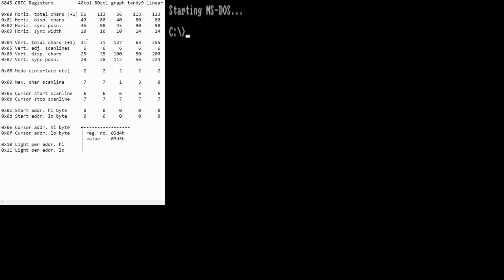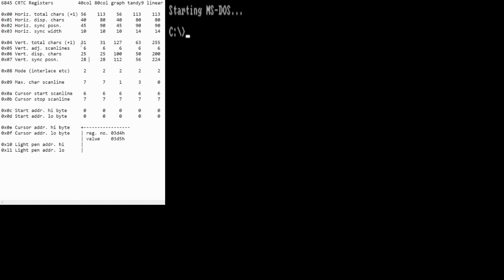In CGA, we're going to have characters of height 8 scan lines, and so 8 times 32 would only be 256 scan lines, and that's not enough for the CGA monitor, which is based on NTSC. It needs 262 scan lines, so we have an additional 6 to make up, and that's the value that we put in the vertical adjust register.